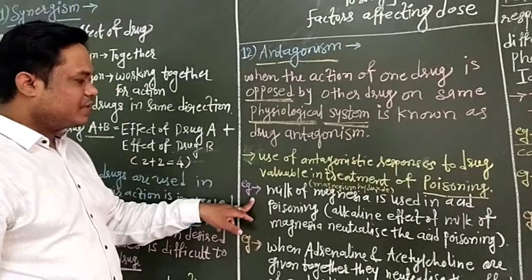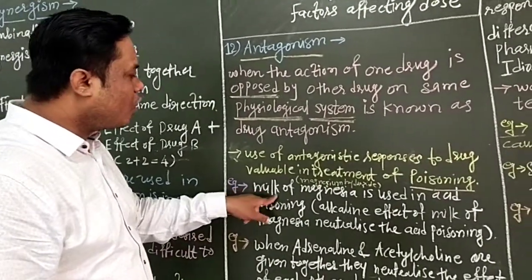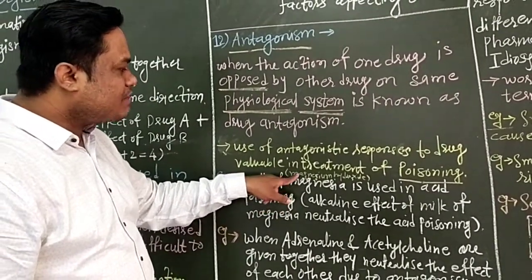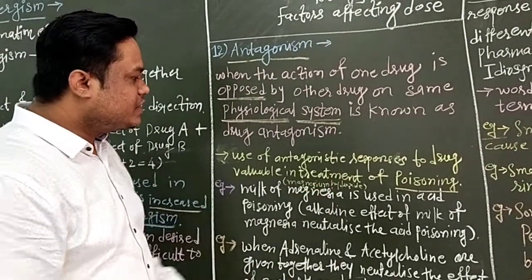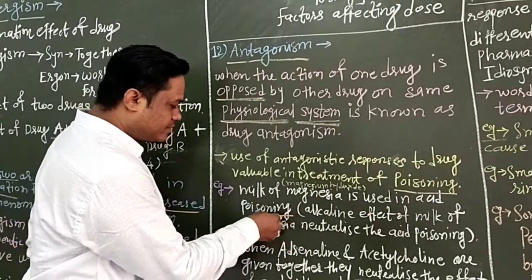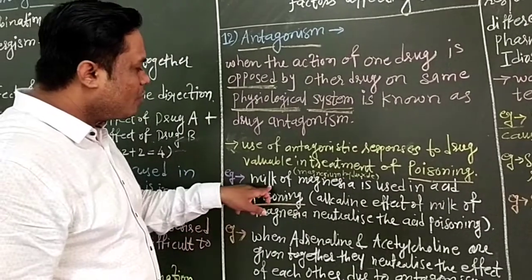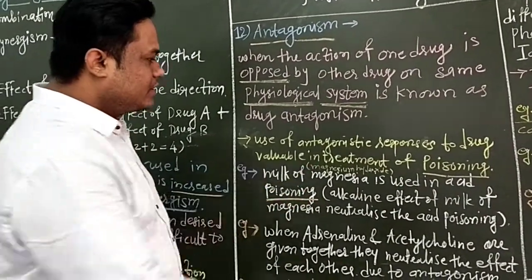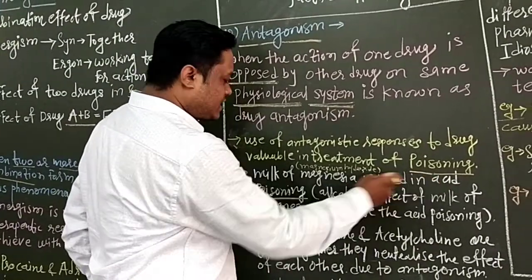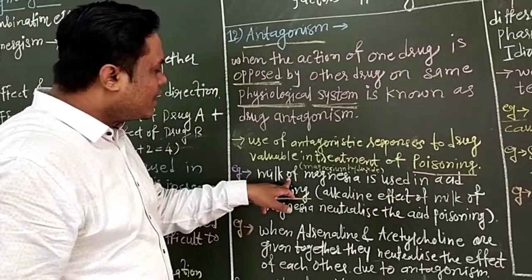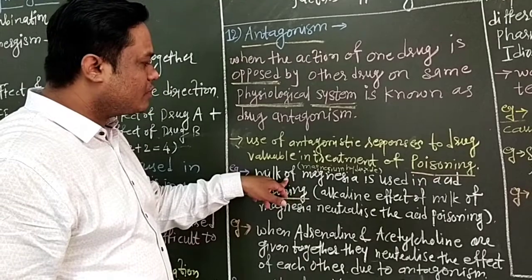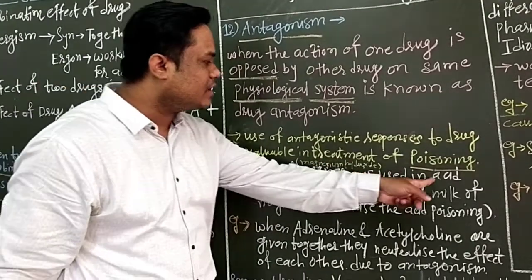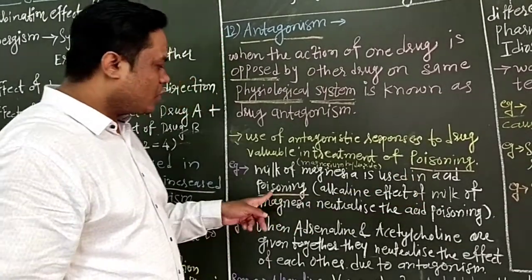We have to take an example. For example, milk of magnesia, that is magnesium hydroxide, is used in acid poisoning because milk of magnesia is an alkaline substance, and it is used in the treatment of acid poisoning. This alkaline nature of magnesium hydroxide neutralizes the acid which is present in the poisoning.